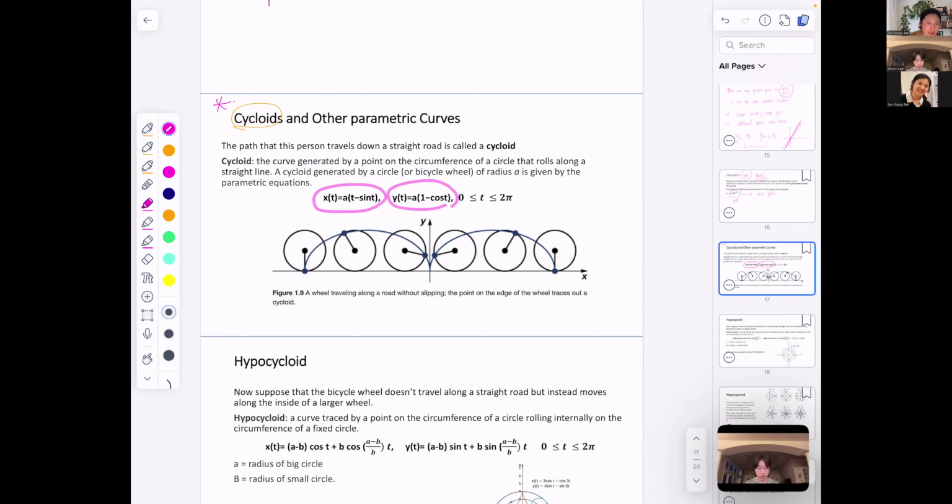X of t equals 8 times t minus sine t, y of t equal to 8 times. If you have these two functions, they give a very interesting parametric curve. We call the shape of the parametric equation of these two a cycloid shape.